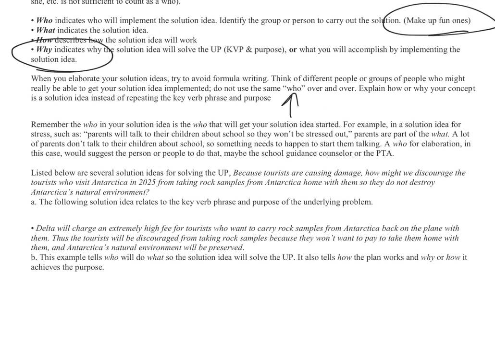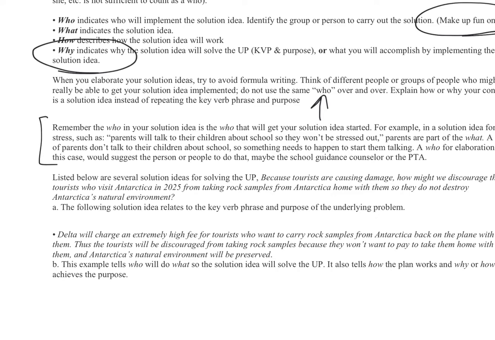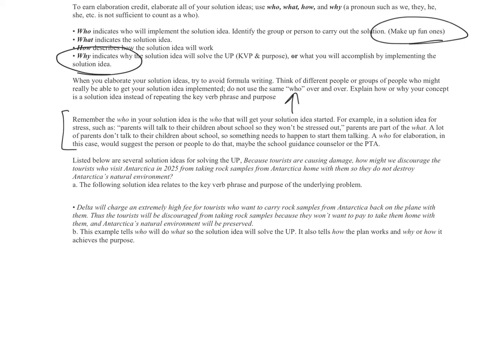So let's read this paragraph here. Remember, the who in your solution idea is the who that will get this solution idea started. For example, in a solution idea for stress in school, such as parents will talk to their children about school so they won't be stressed out. Parents are the what in this case. A lot of parents don't talk to their children about school, so something needs to happen to start them talking.